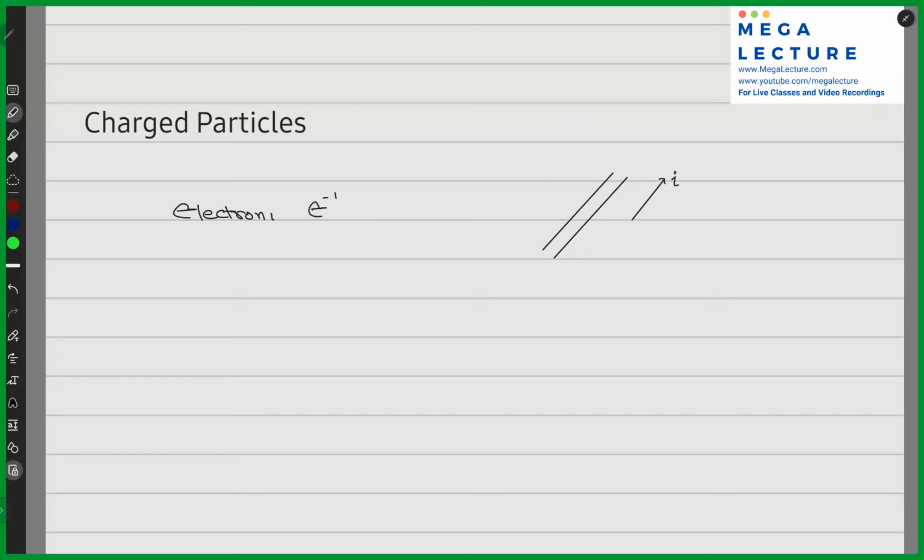We know that current is just the number of charges that are moving per unit time. So in a particular space, how many charges that I have that are moving per unit time specifies the current, which means that there would be electrons in this wire, which would be moving in the direction of the current.